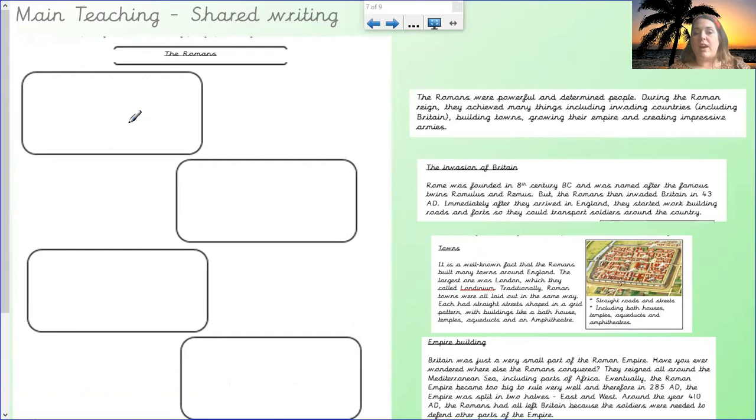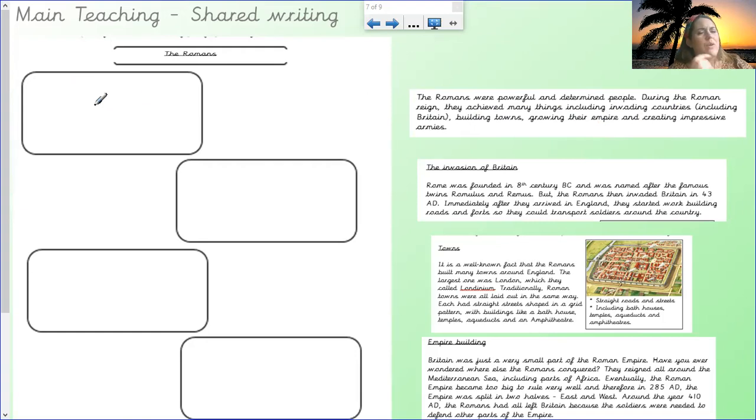This paragraph here is this one on the right where it says the Romans were powerful and determined people. During the Roman reign, they achieved many things, including invading countries, including Britain, building towns, growing their empire, and creating impressive armies. So I need to draw my pictures in this box for that paragraph.